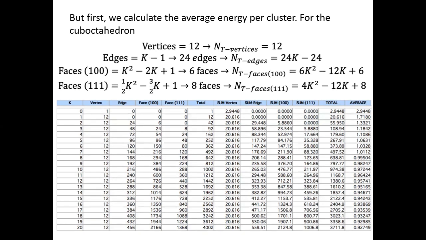We know that there are 24k minus 24 edge atoms. We know that the pure face atoms are 6k squared minus 12k plus 6, and the 111 face atoms are 4k squared minus 12k plus 8. Okay, so we did that earlier. So it's all converging a little bit. I did this with my little KaleidaGraph program. It was tedious, but nonetheless we did it. And we came up with average energies.